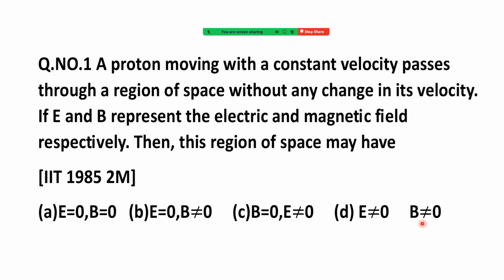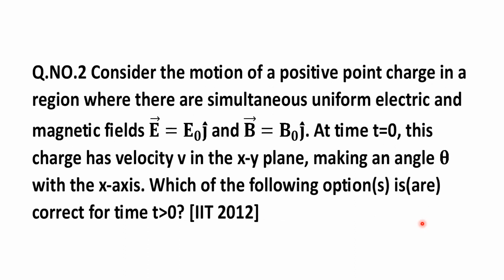Let us see next problem. Consider the motion of a positive point charge in a region where there are simultaneous uniform electric and magnetic fields. We can say electric field along positive y-axis, magnetic field also along positive y-axis. So both the fields are in the same direction, that is j cap, and charge is positive.